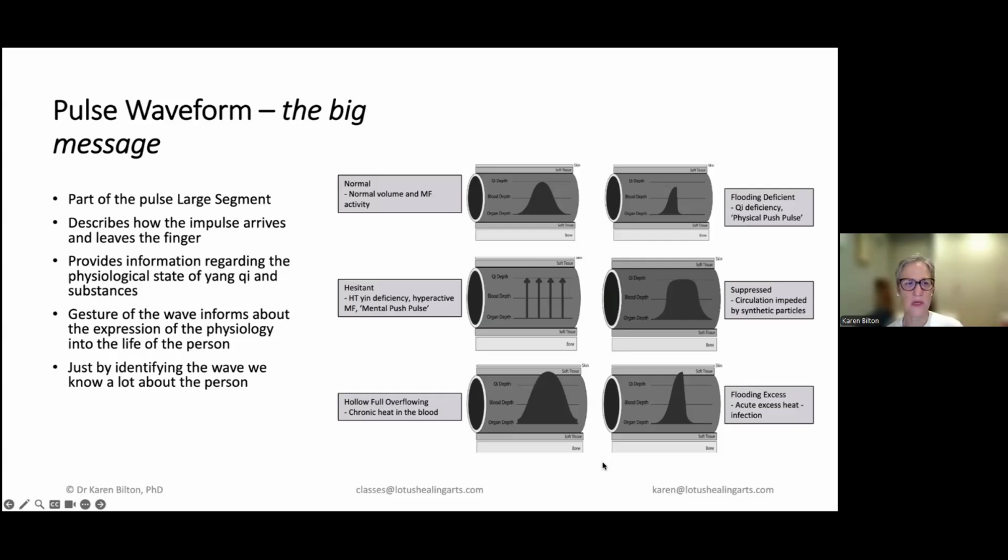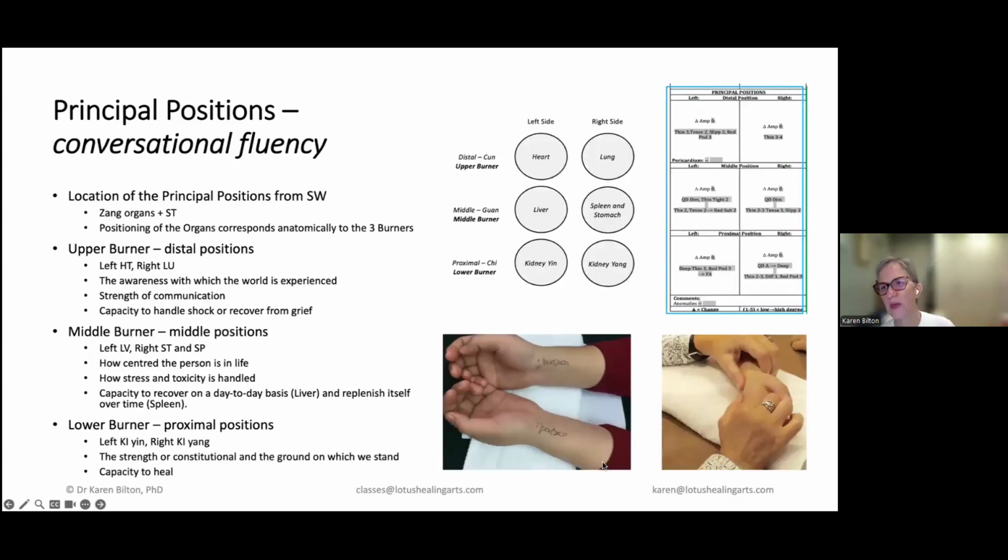You take all of those things that I've just spoken about into your diagnostic picture, and we already have a lot of information. And that's just from first sitting opposite them, just feeling, not even down to the principal positions yet.